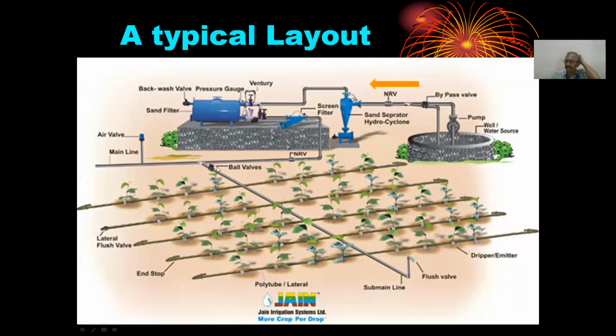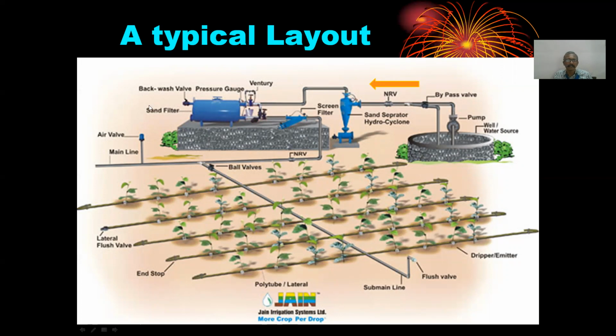So this is a typical diagram people would have seen in many places. This is a very good diagram which was drawn by Jain Irrigation Systems, a company called Jain Irrigation. It's an Indian company, and it has become an international company and one of the renowned international companies in the world.